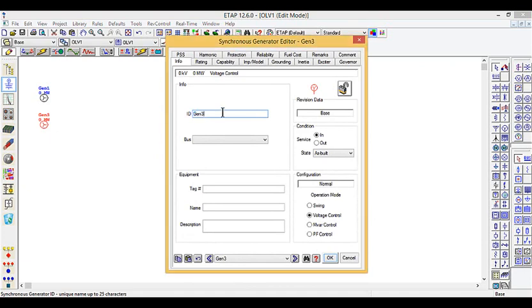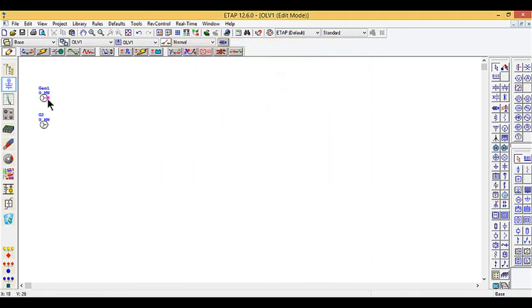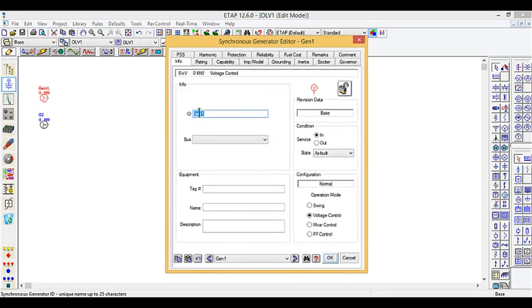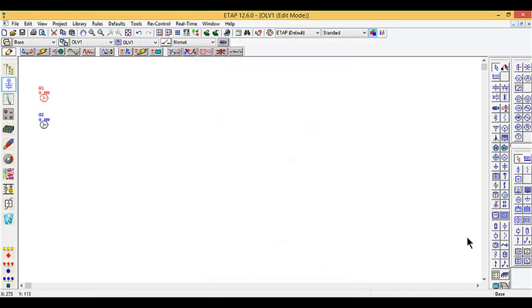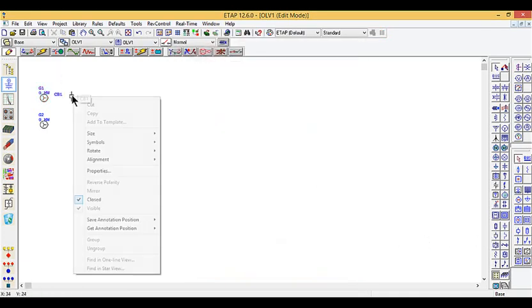And name it as generator 2, or we can simply name it as G2 also. G2, and this will be G1, right? Next we have to select the HT circuit breaker. Again we need to rotate it.